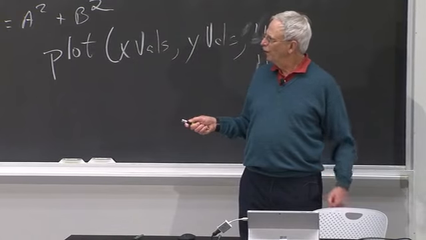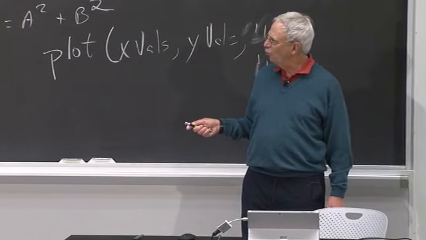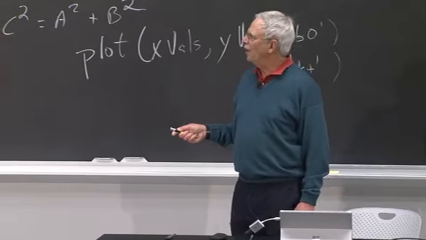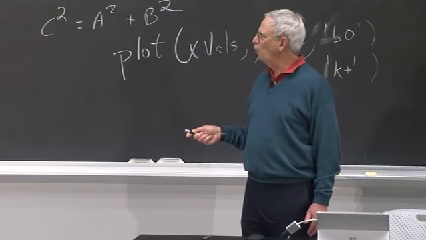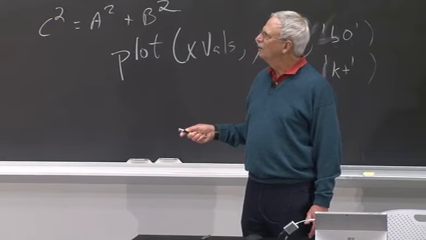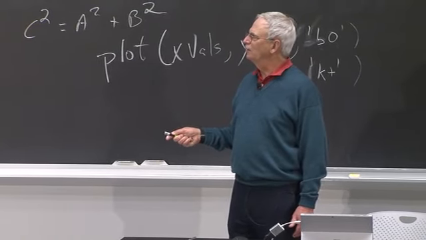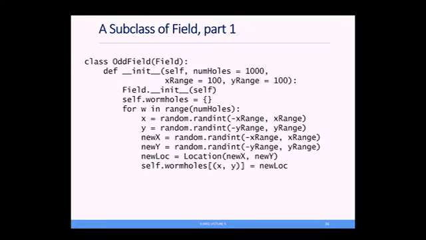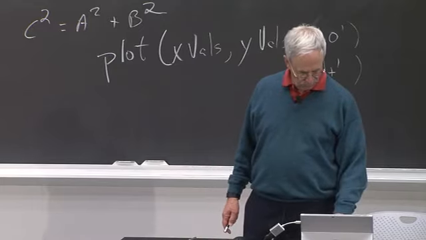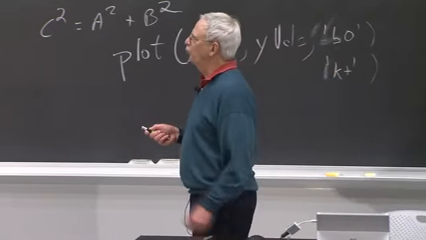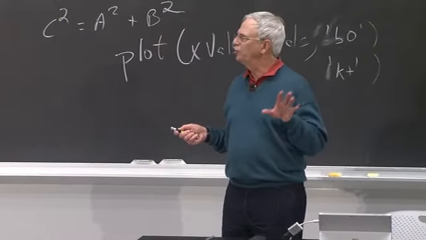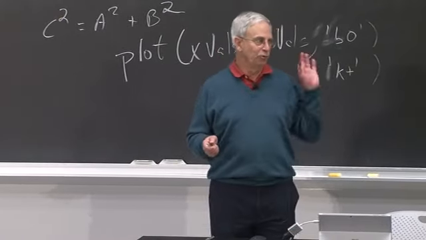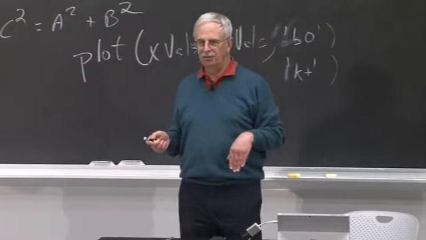So here we're using random to get random integers. We've seen that before. And so the new location will be the location of the new x and the new y. And we're going to update this dictionary of wormholes to say that paired with the location xy is new loc. Now when we move the drunk, and again, this is just changing, we're overriding move drunk, so we're overriding one of the methods in field.